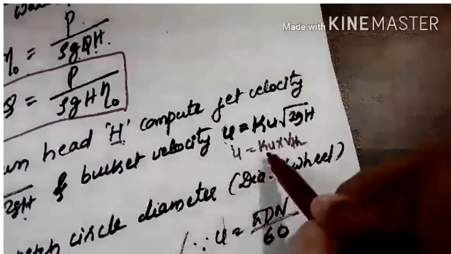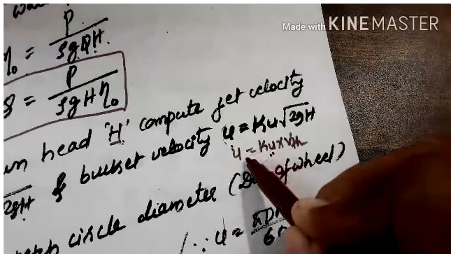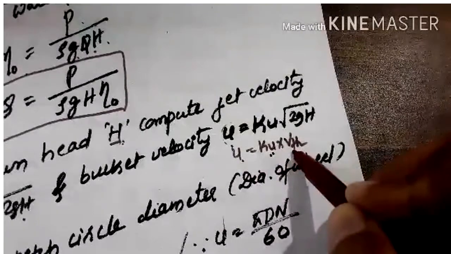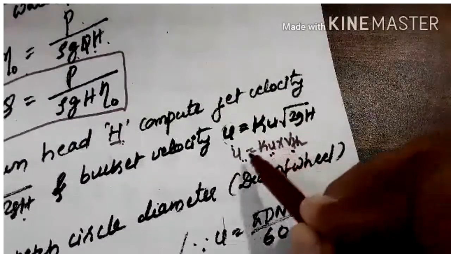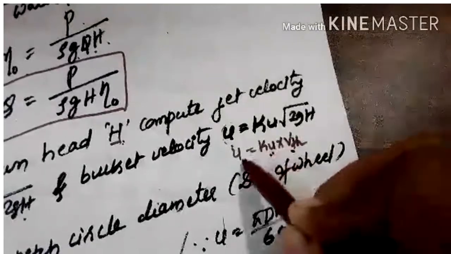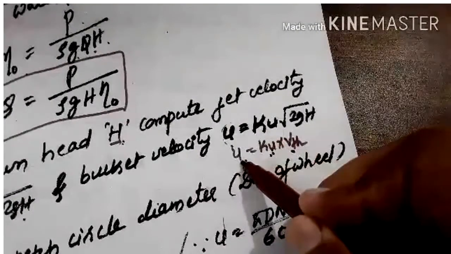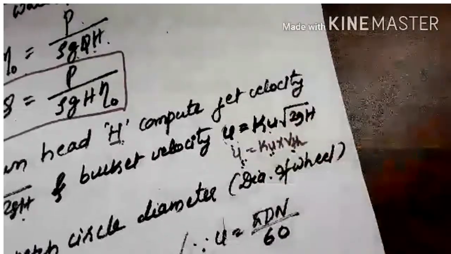As you know, Ku is the speed ratio. The speed ratio is what? It is the ratio between the wheel velocity and the jet velocity. From the speed ratio we can easily get the wheel velocity or the bucket velocity, that is U equals Ku into root of 2gH.